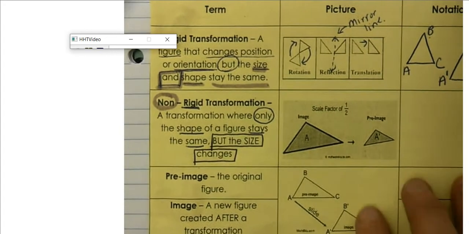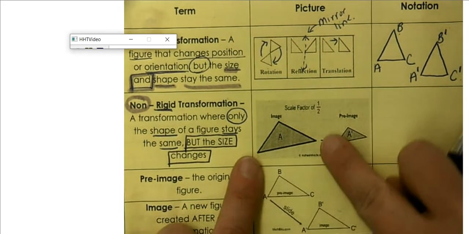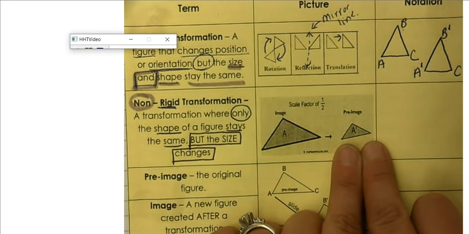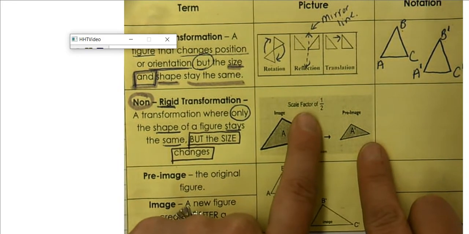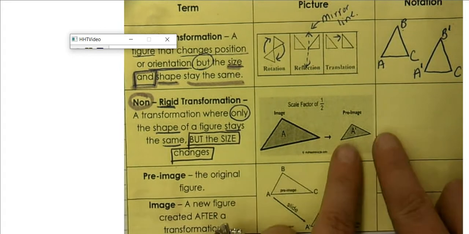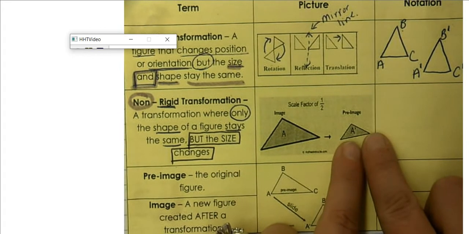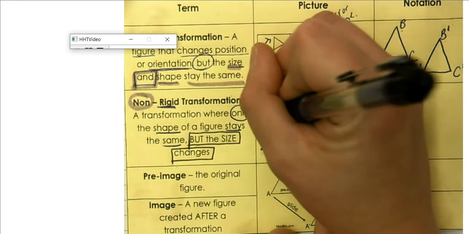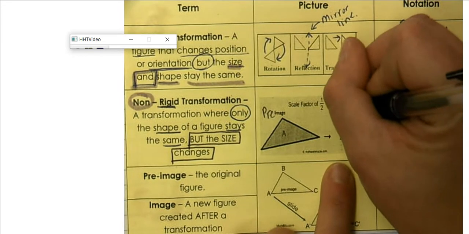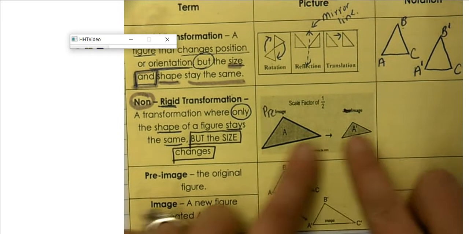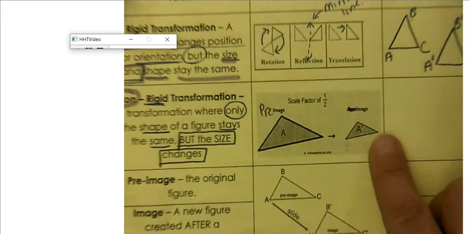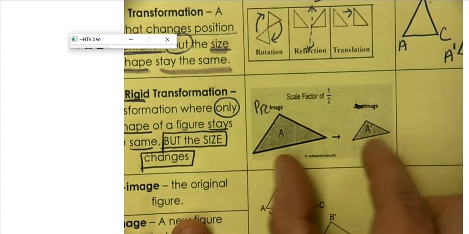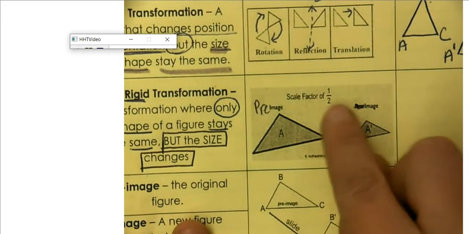So if you look at this picture, this is an image of a triangle and it changes to something that's a lot smaller. This is by a scale factor of 1/2. This should be pre-image, and this is image. Sorry about that, guys. And if you look, this triangle changed to be a lot smaller, so it's half the size.